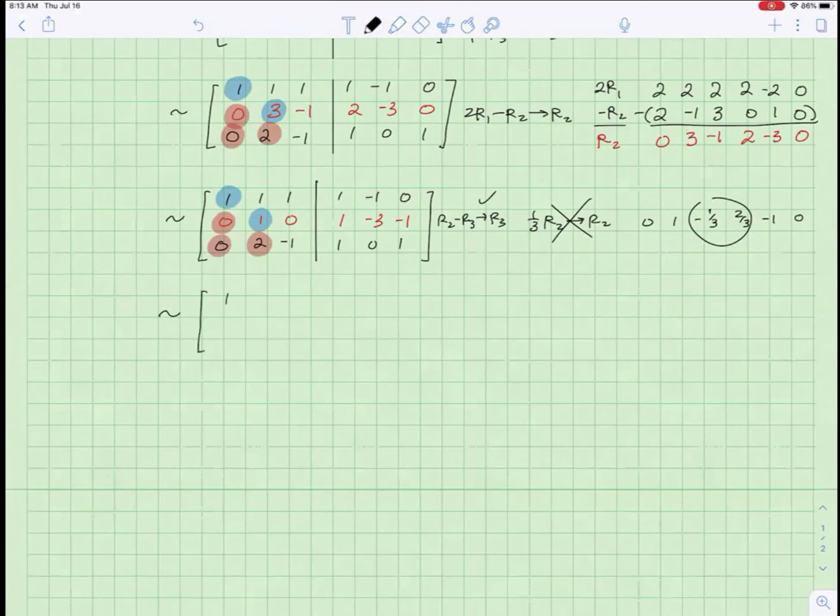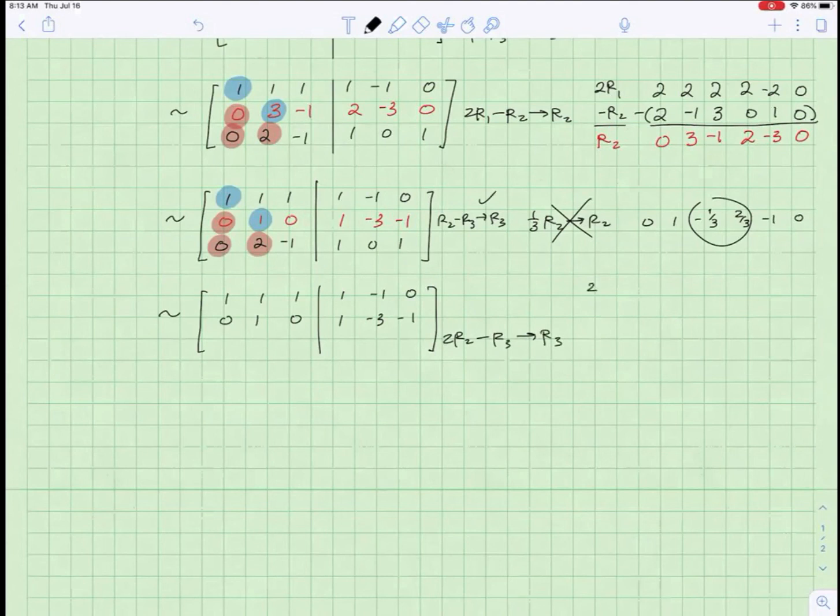The top row, 1, 1, 1, 1, negative 1, 0. The middle row, 0, 1, 0, 1, negative 3, negative 1. And in the bottom row, I'm going to do twice row 2 minus row 3 is my new row 3.